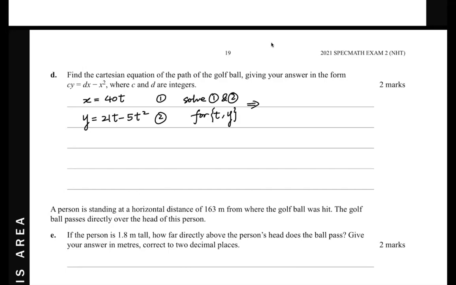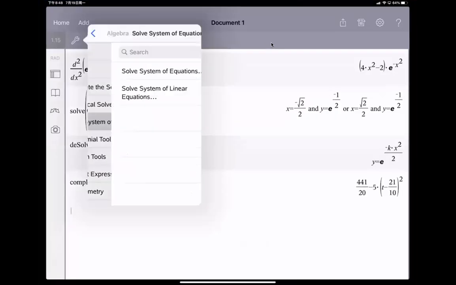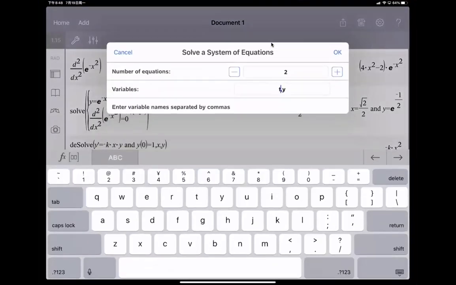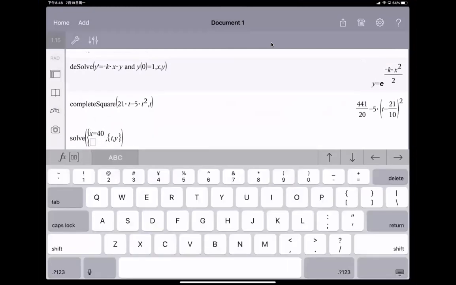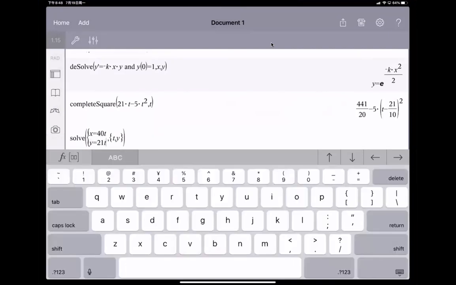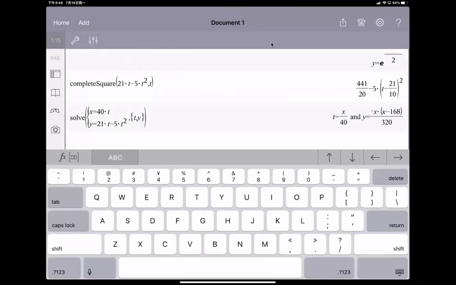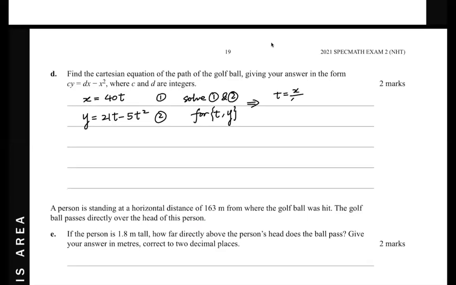Let's look at the result. x equals 40t. y equals 21t take away 5t squared. So now you have these two expressions. t equals x over 40.